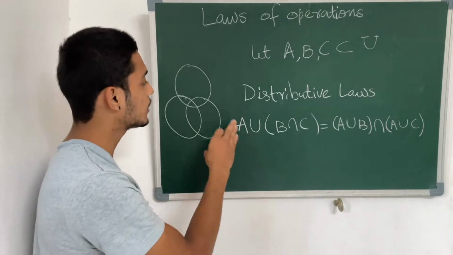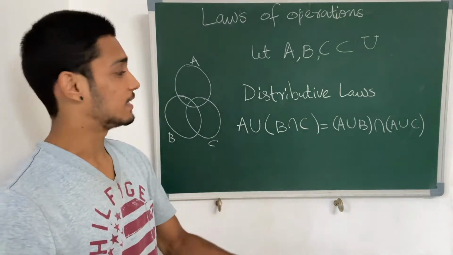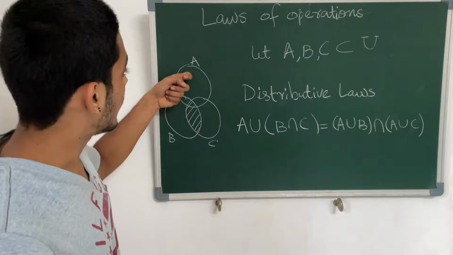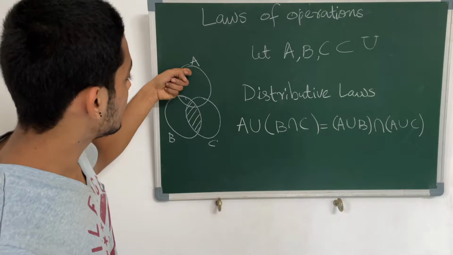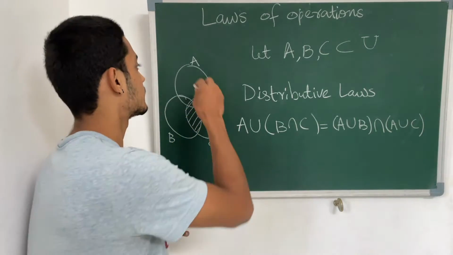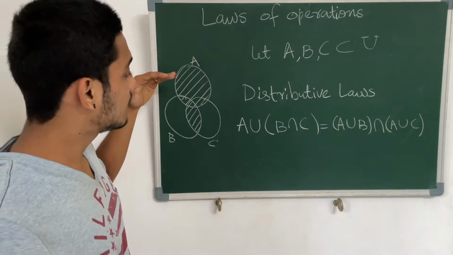I'm going to take a union of the set A with the common elements of B and C. So if this is B and C, these are the common elements. Correct? So I'm going to take the union of the set A with the common elements of B and C. What are we ending up with? This region. Correct? So now this is the left hand side.